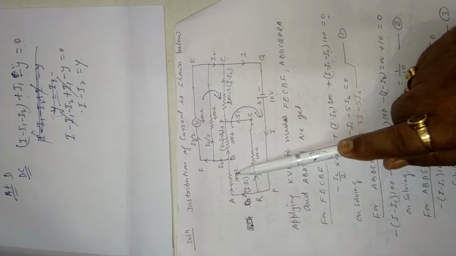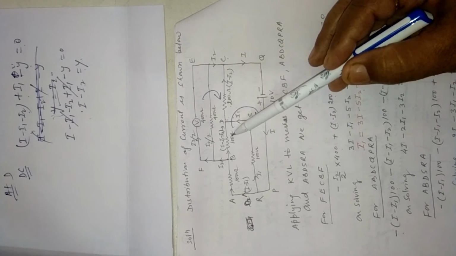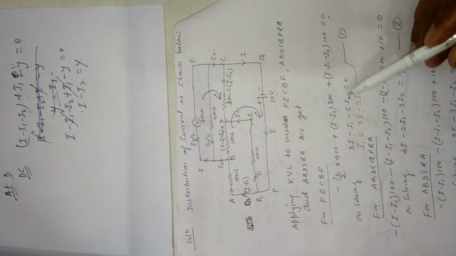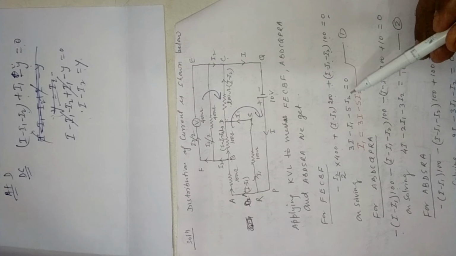So here it will be minus (I minus I1) into 100. Here (I minus I1 minus I2) into 100 will also be negative. (I minus I2) into 200 will also be negative. Now come to the cell. We know that while moving through a cell, the sign of the terminal we reach last is taken.